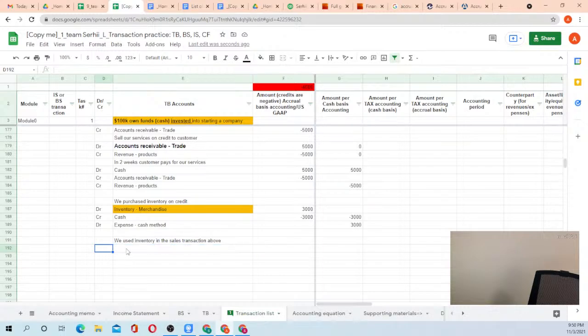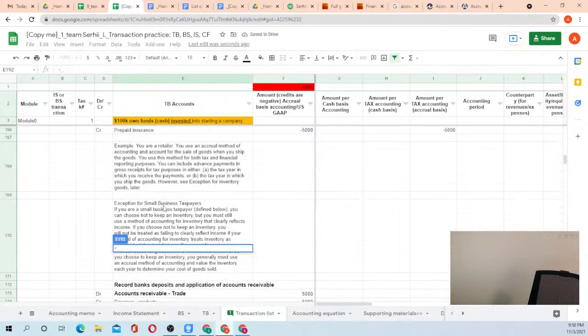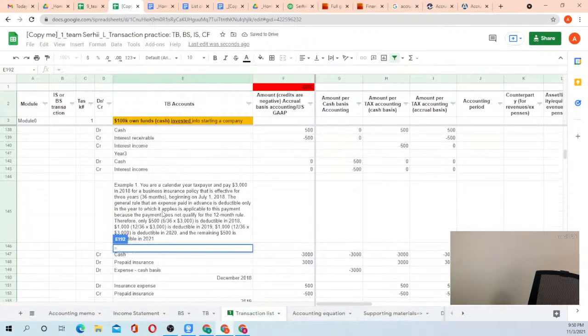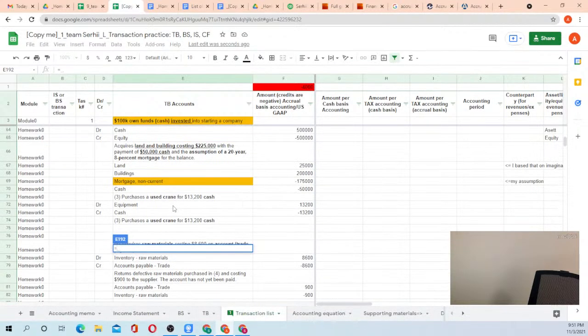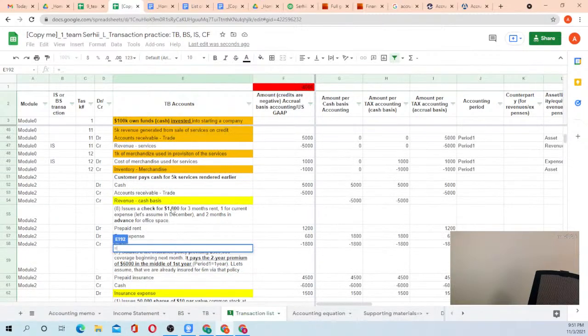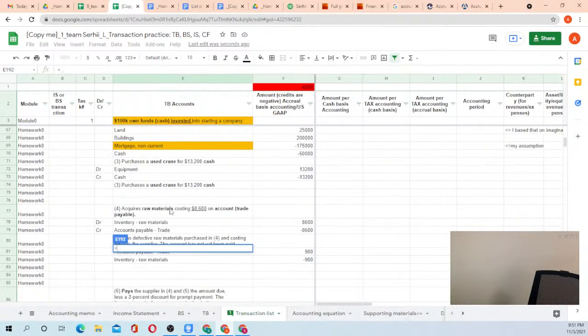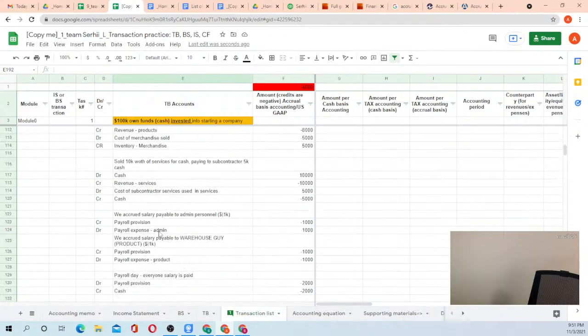We recognize a debit to some form of the cost of sales. Where is it? Cost of sales services.